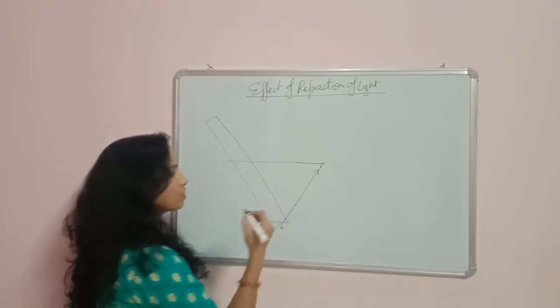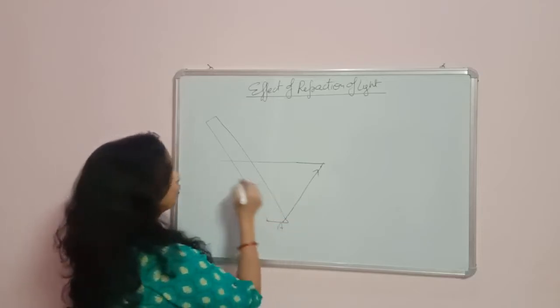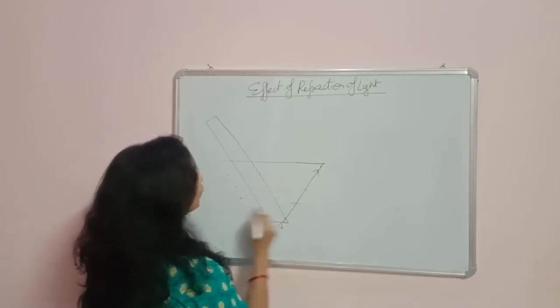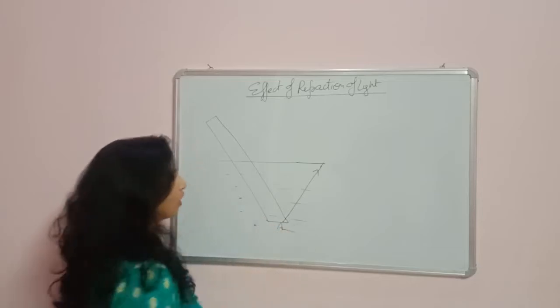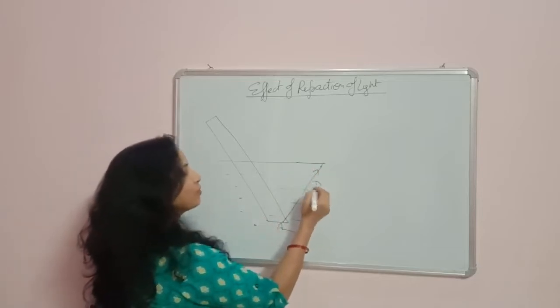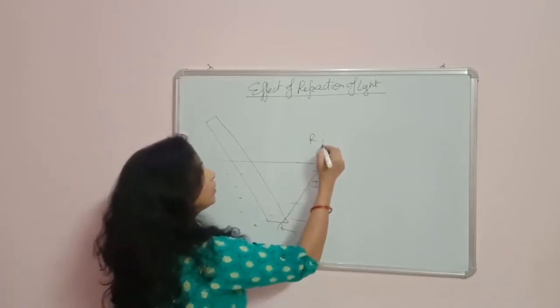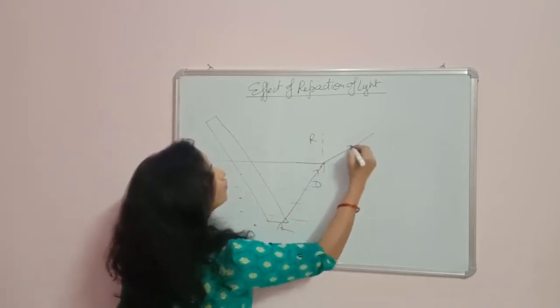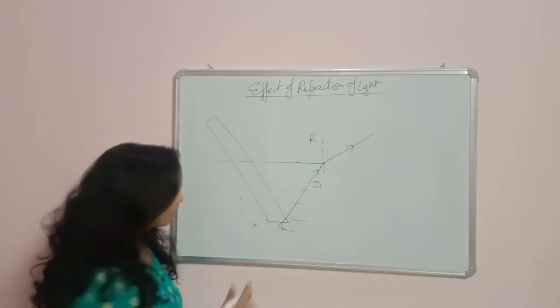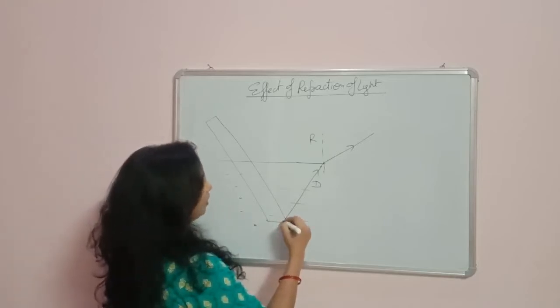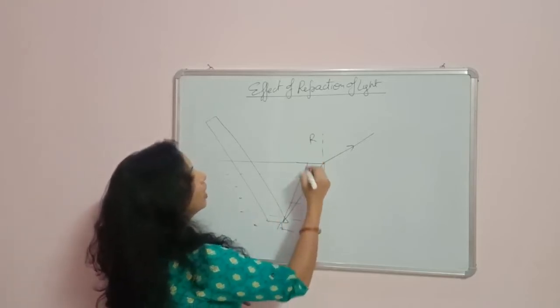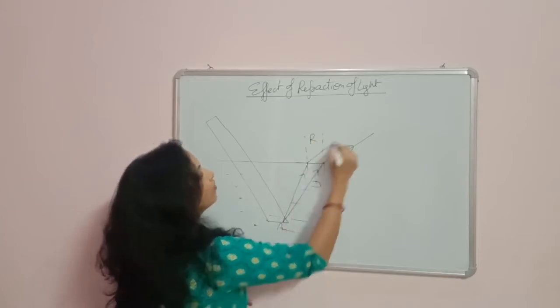So suppose this is a ray which passes from water into the air. This is water in a glass. Since water is a denser medium as compared to the air, the ray will bend away from the normal like this. Again we can draw another ray like this, and again it will bend away from the normal.